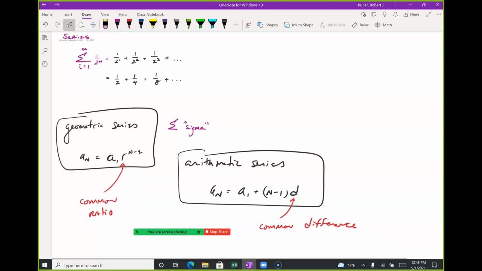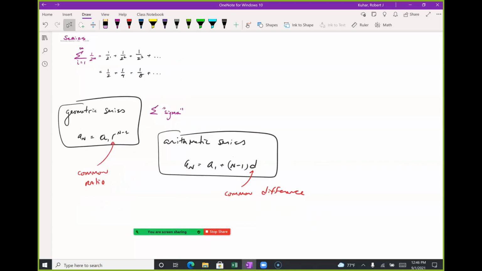So this particular series is a geometric series. I'm multiplying by 1/2 every time. So when I'm multiplying by the same thing every time, it's called geometric. Okay, and we use those for certain things in Calc 2. The ones we're going to deal with mostly are these arithmetic series, where we're adding the same thing every time, or subtracting two consecutive terms and we get the same number every time, right?